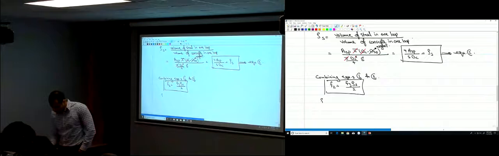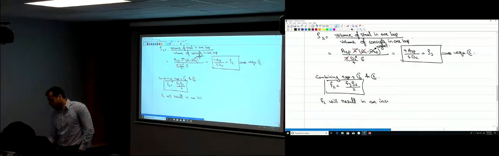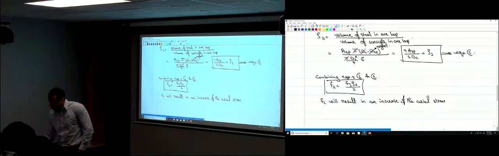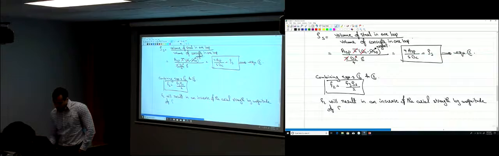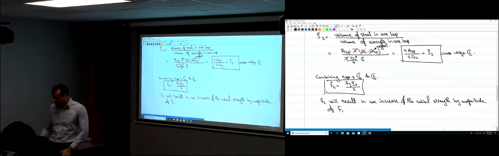So F2 will result in an increase of the axial strength by a magnitude of F1. How much is F1 from experiments?